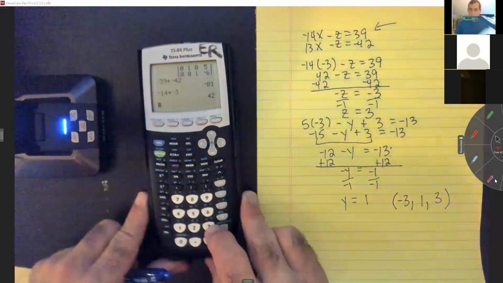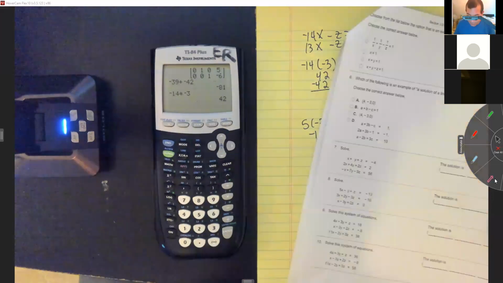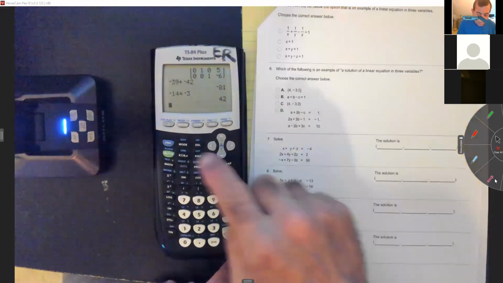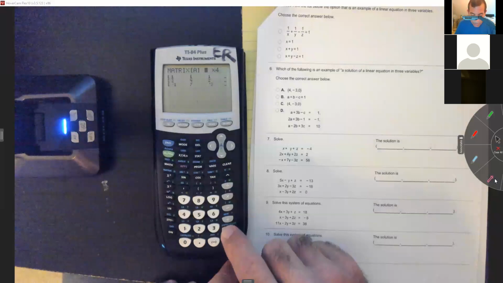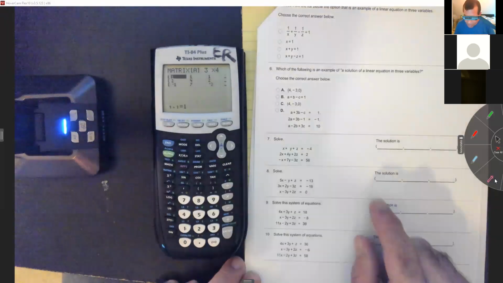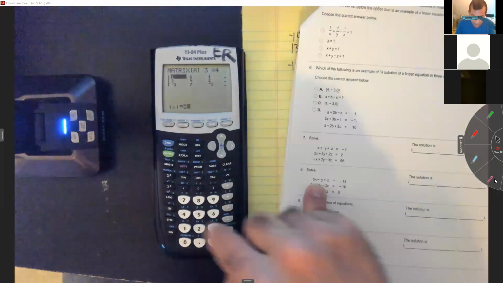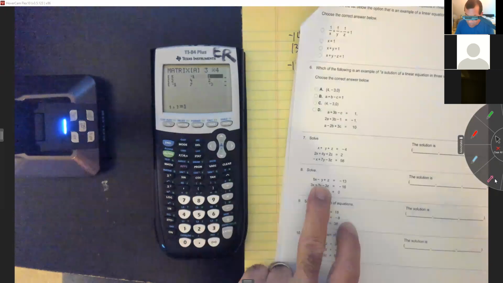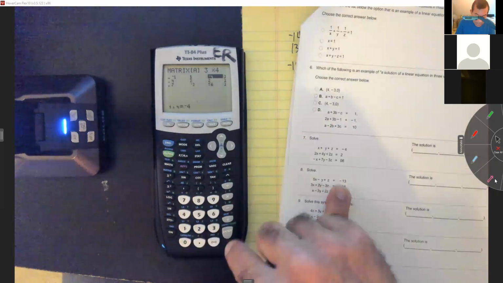So let me go back. Let's knock that out on the calculator. So on the calculator, it will be second matrix, go to edit, enter. We got a 3 by 4. My numbers were 5, enter, -1, enter, 1, enter, -13.